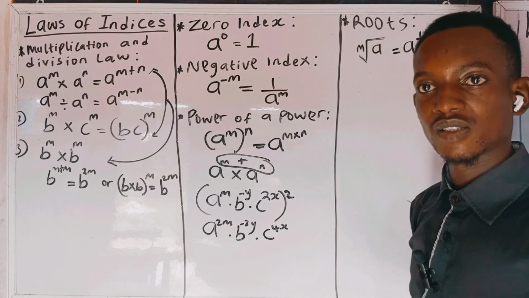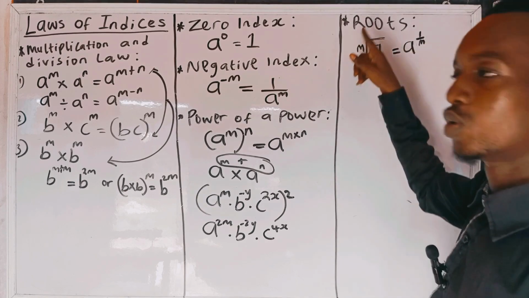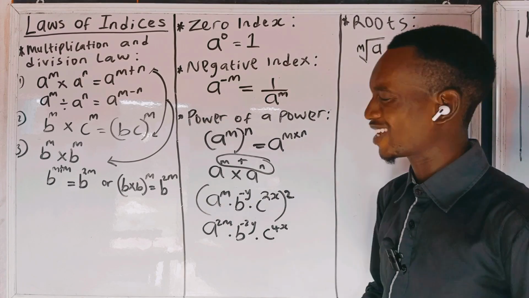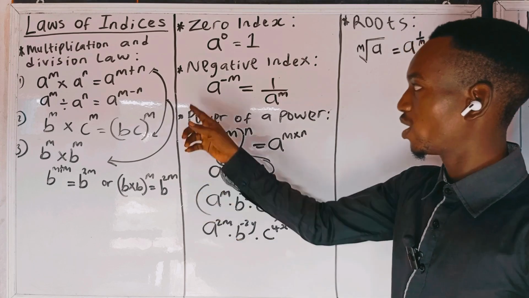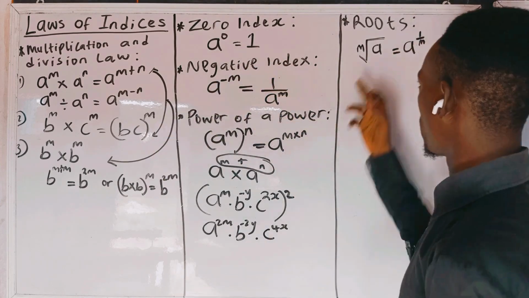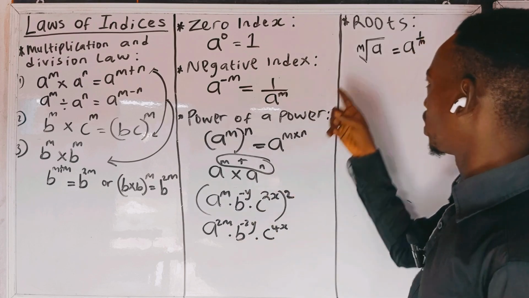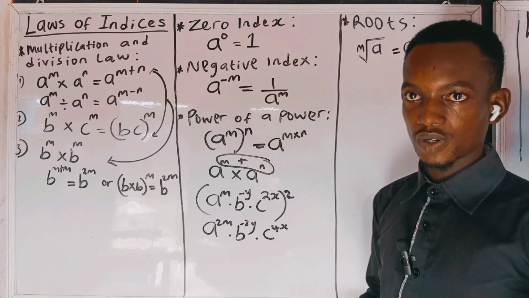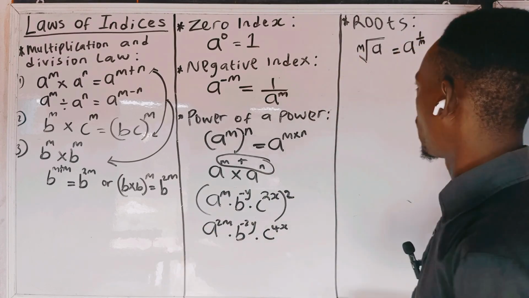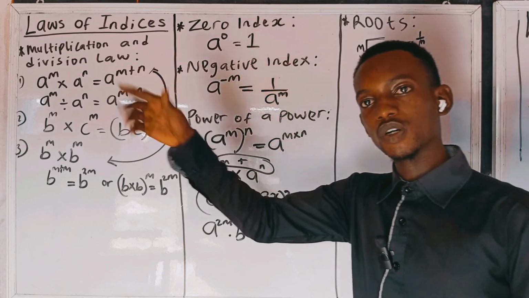So what this law is saying is that whenever you have a root, you can convert the root to a fractional power. That's just it. Just like 1 over can be converted to a negative power, in the same way a root can be converted to a fractional power. If you have the square root of a, that would be a to the power of 1 over 2.